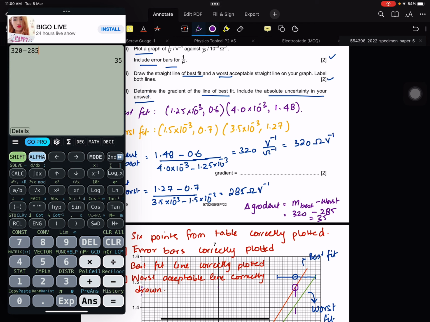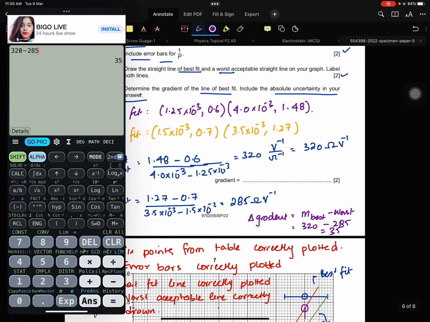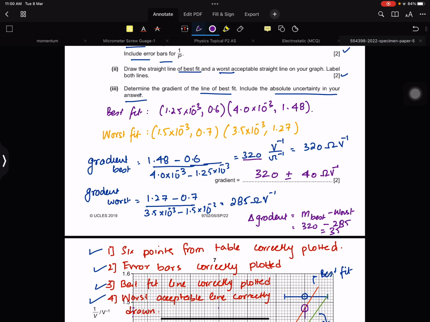Now remember that uncertainty is always written to one significant figure, so I'm going to write it as plus minus 40, and the answer, the best fit, is the average value, right? And with the units, of course, Ω V^-1. So this will give me the 2 marks.